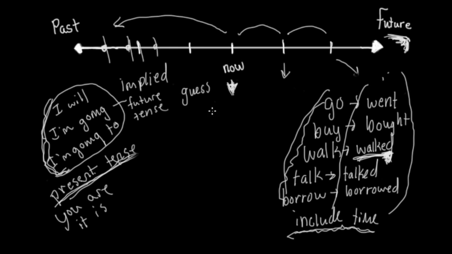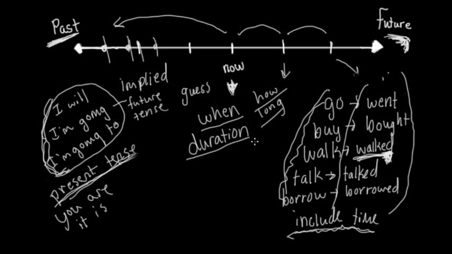Now, sometimes, instead of saying or including when something happened, when we're using the simple past tense, instead of saying when it happened, we say the duration. Now, duration means how long it happened.